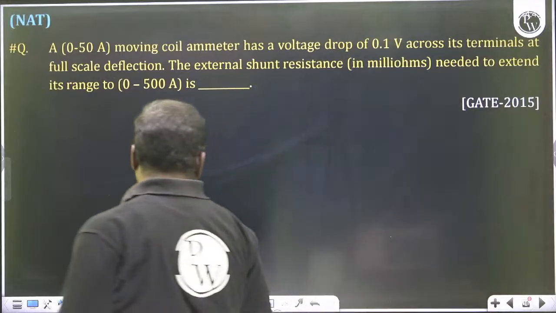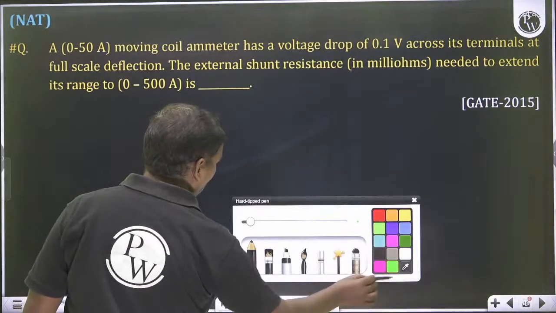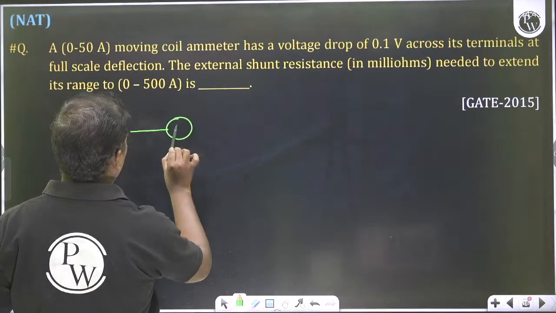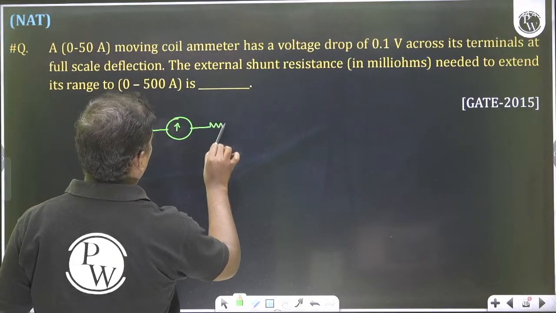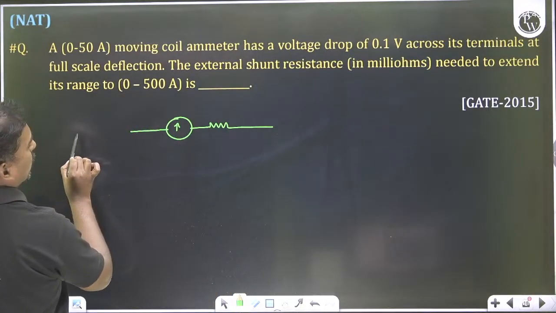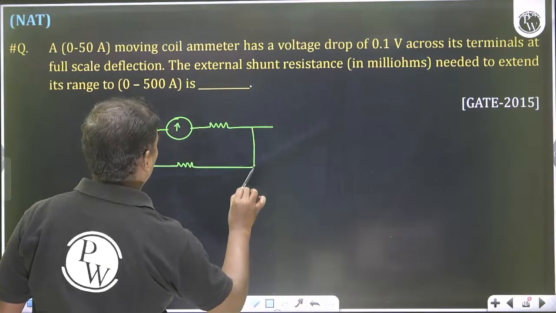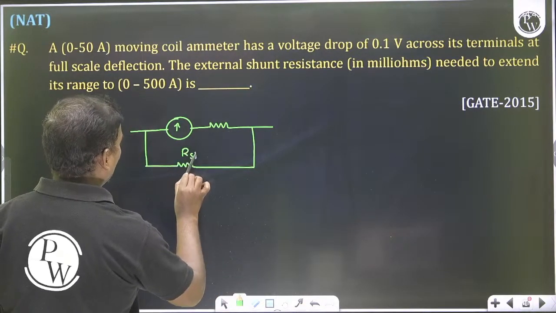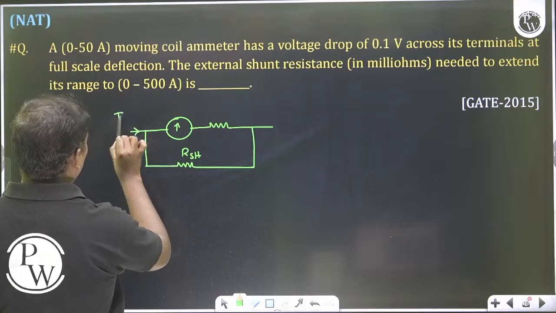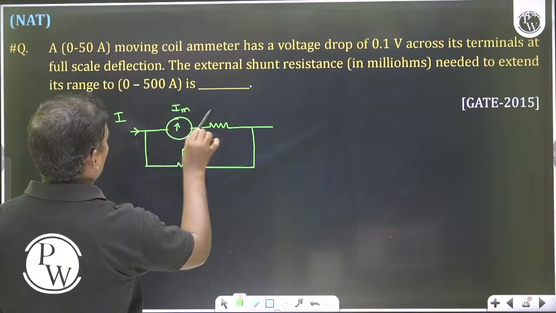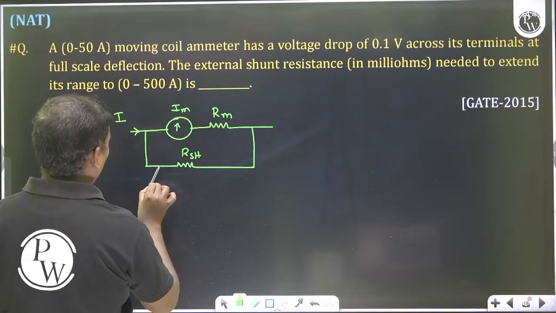So how to solve this question? We can take again the same concept. So this is our Im, this is our Rm. This is the shunt that is asked, so this is our Rsh. This is I, this is Im, this is Rm, and this is Ish.